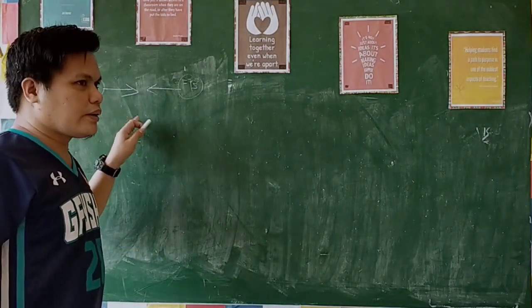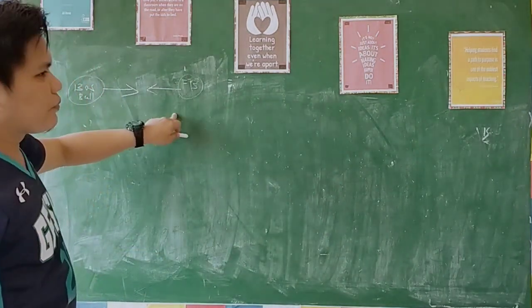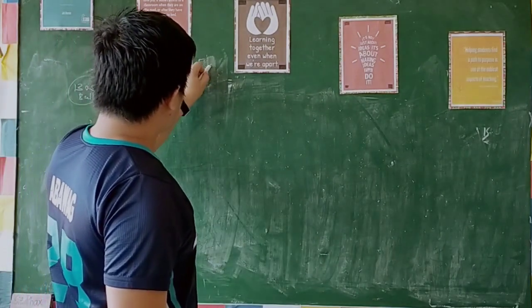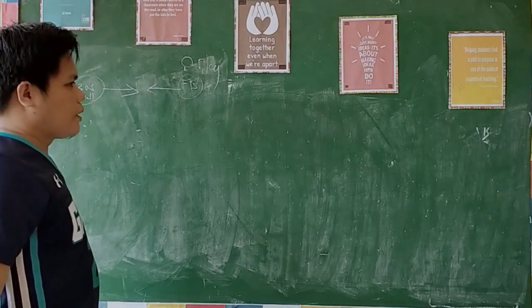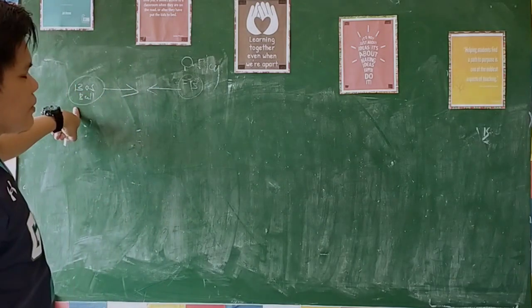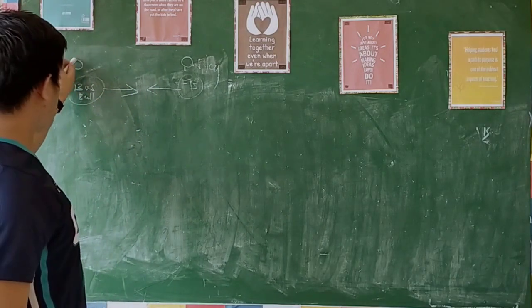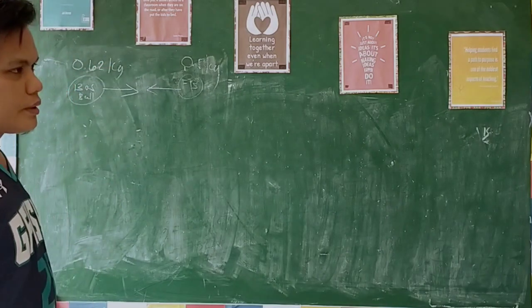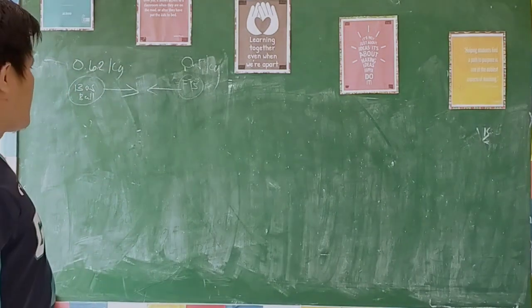The standard mass of football is 0.5 kilograms, and the standard mass of basketball is 0.62 kilograms.